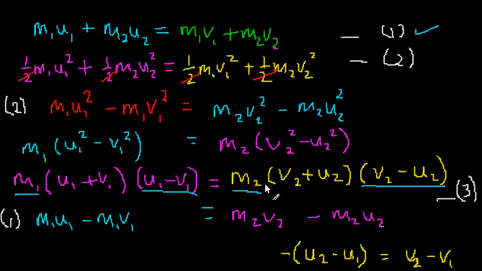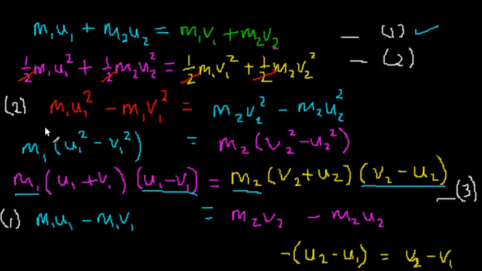So here likewise, if I take m2 times this bracket, I get m2 v2, which is this, and m2 u2, which is that. So that's why, and I got this from equation 1, from my original information.